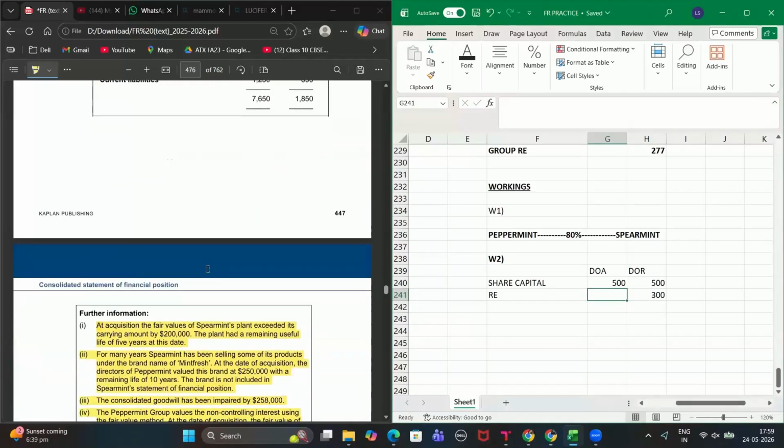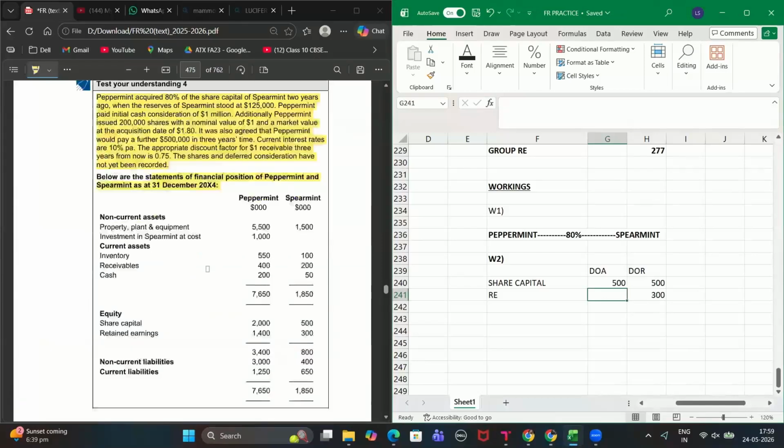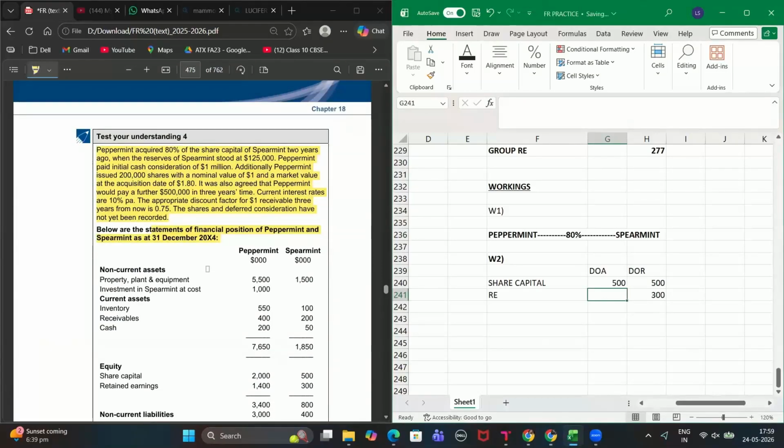Is it mentioned in the question? Where is it mentioned? When the reserves of Spearmint stood at 125,000. Got it.